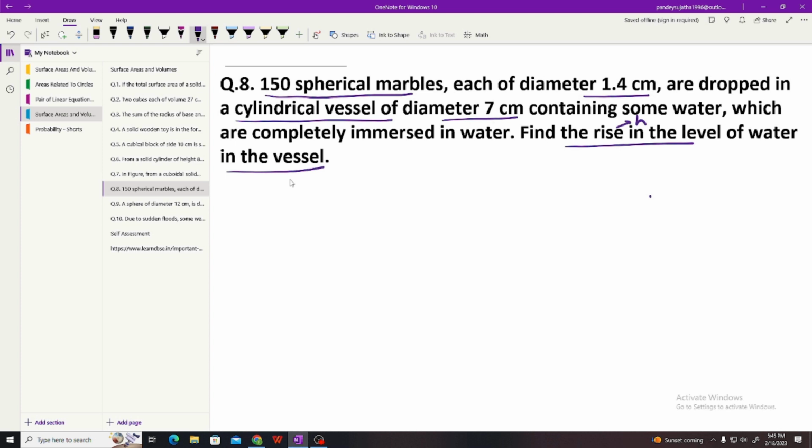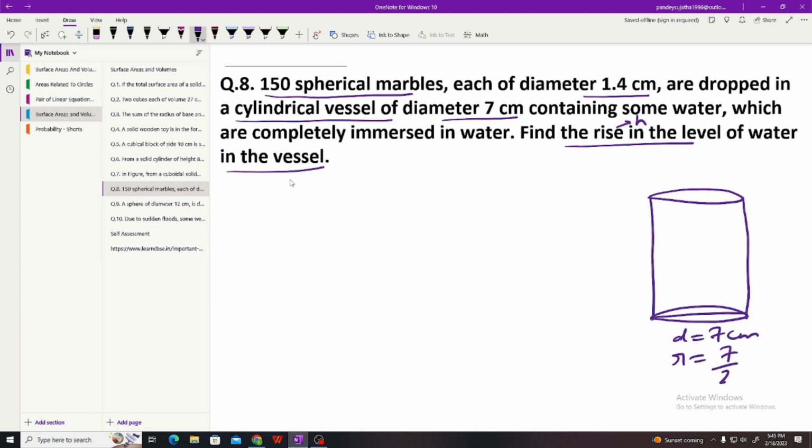So just see, a cylindrical container is there. So height of the cylinder is not given. Rather, the diameter of the cylindrical vessel is given, that is equal to 7 centimeter, and the radius will be equal to 7 upon 2. And this cylinder contains some level of water here.